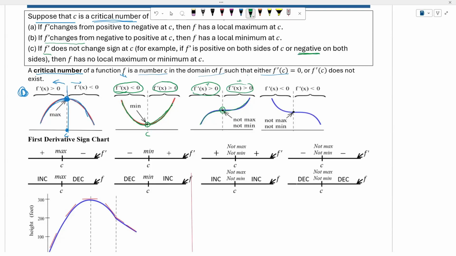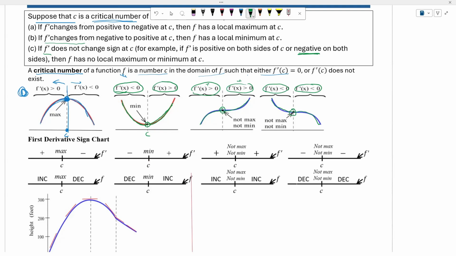How about negative on both sides? f prime is negative, f prime is negative, meaning the function is decreasing and then decreasing. Again, this one is not a maximum, not a minimum.